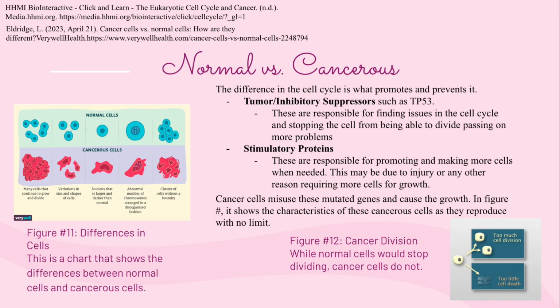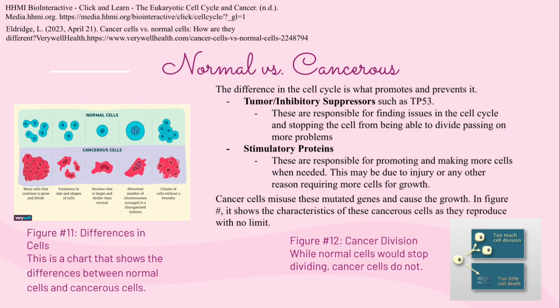These are some of the proteins I listed on this page, showing tumor suppressors like TP53 and stimulatory proteins that promote more cell division. When these tumor suppressors are weak and unable to do their job, they cause too little cell death. And when these stimulatory proteins are producing way more than they're supposed to, it causes too much cell division.